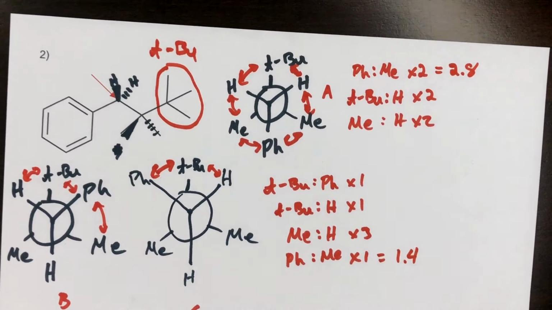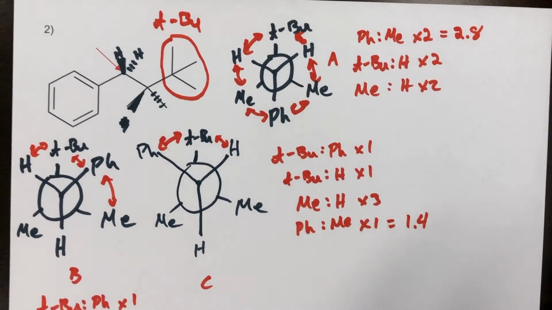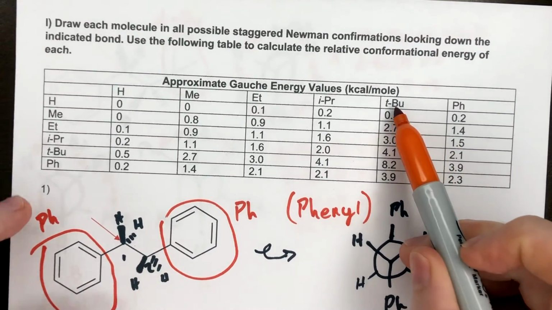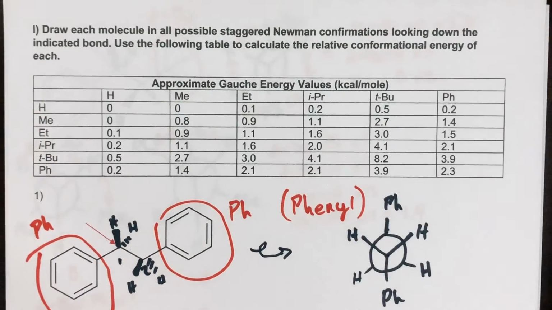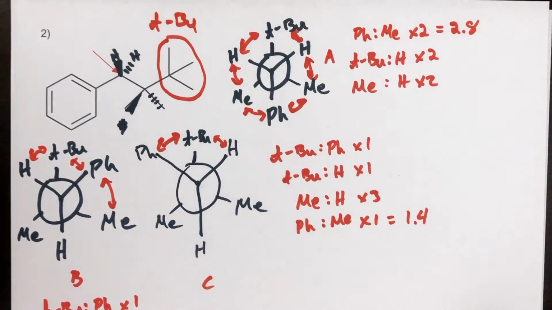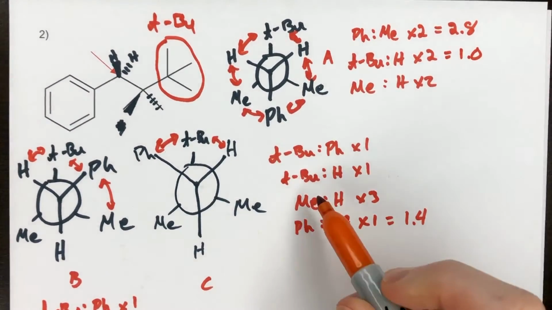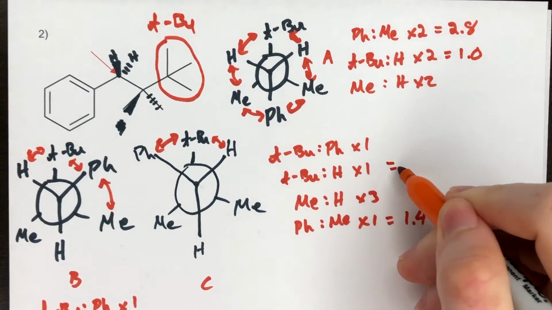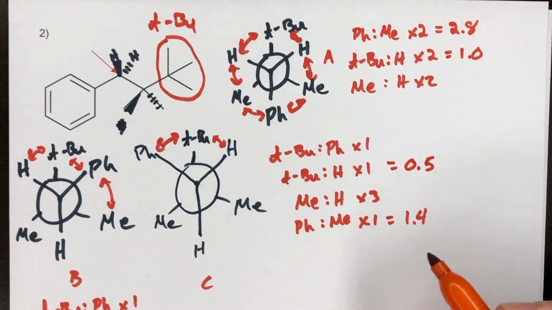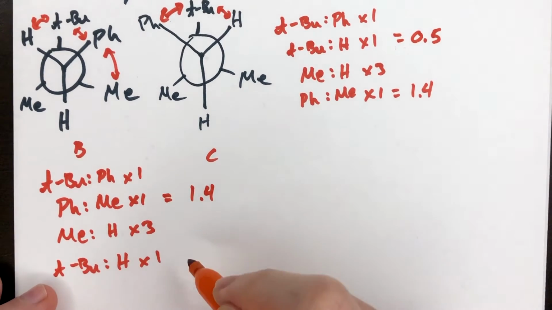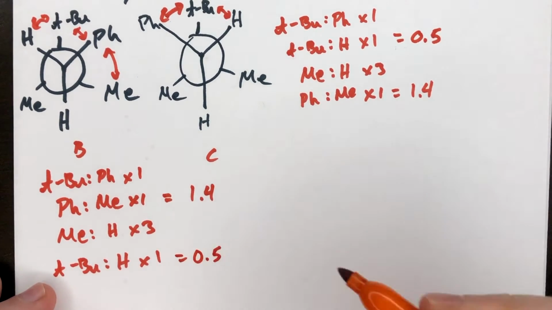Okay, let's go back to A. T-butyl hydrogen. So let's look at our chart. T-butyl hydrogen is a half a kcal. And there's 2 of them here, so this is 1. And then T-butyl hydrogen, there's only 1 here, so that's a half for C. And then for B, there's T-butyl hydrogen, there's only 1, so that's half.